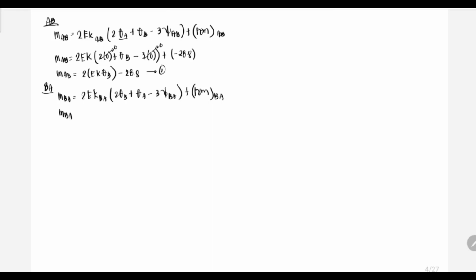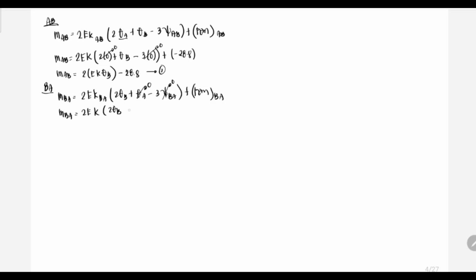So, lagay na natin yung mga value. We have 2E. Yung KBA natin is K. 2 theta B is unknown. Pero itong theta A natin, 0. Ito naman ay 0. Ito naman, it has a value, your fixed end moment.